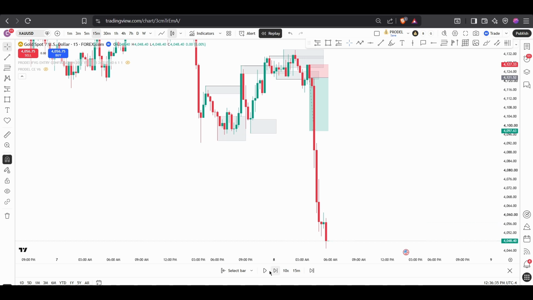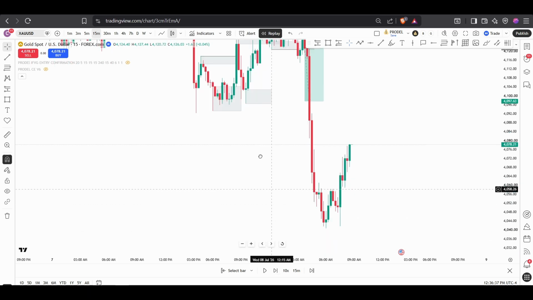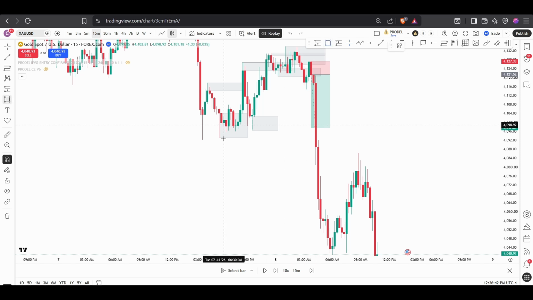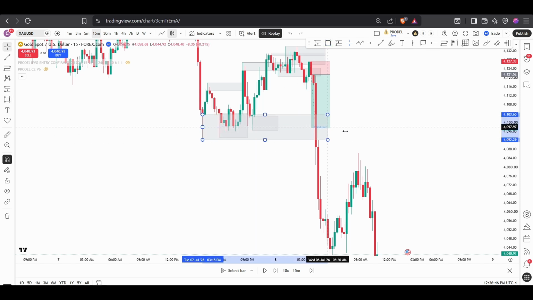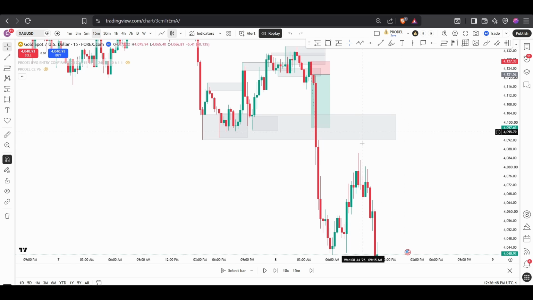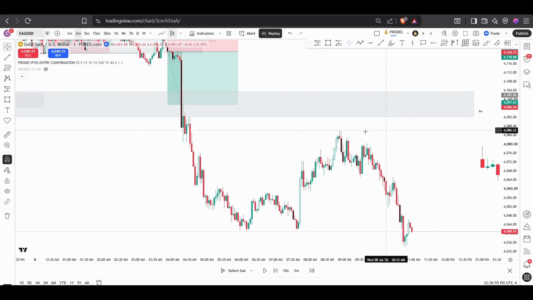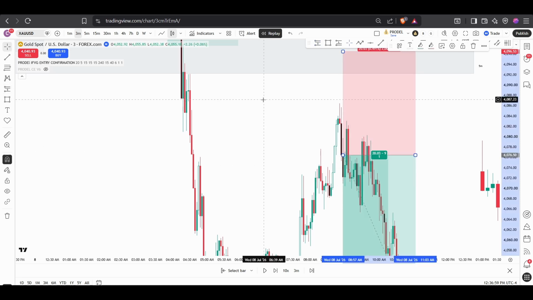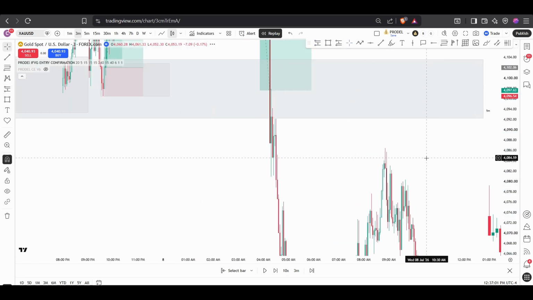Now let me explain another trade. There is the level, you can see like this, but the market did not tap into this level. If the market had tapped this level, there could have been another sell trade like this, but unfortunately it did not tap into this level.